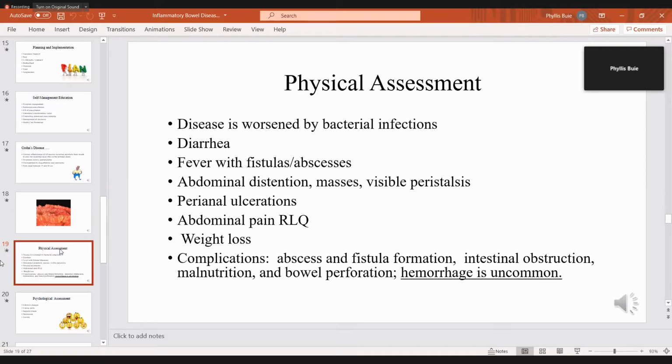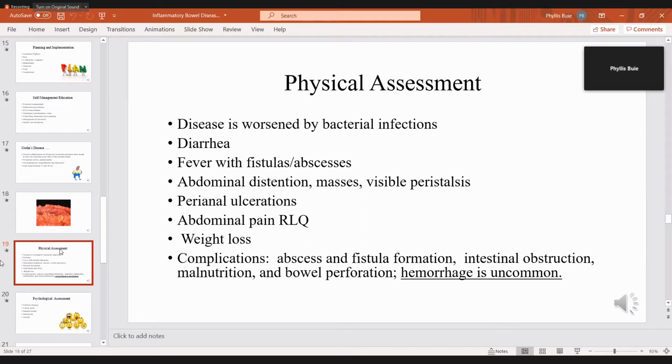Now let's go back to the perianal ulcerations. I want to make sure that you know we talked about the irritation, but they can also have fissures that form in this area, which are like little cracks in the anal opening, and then fistulas can develop there too.